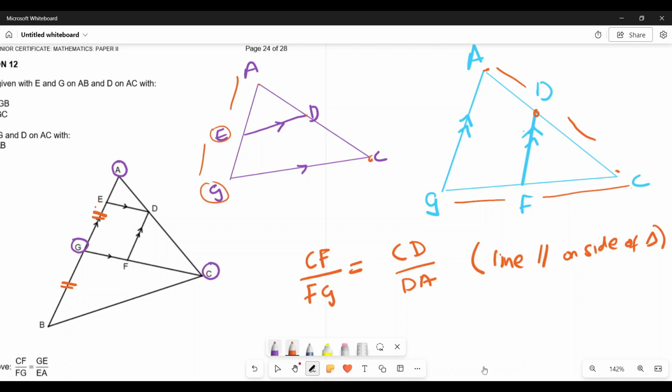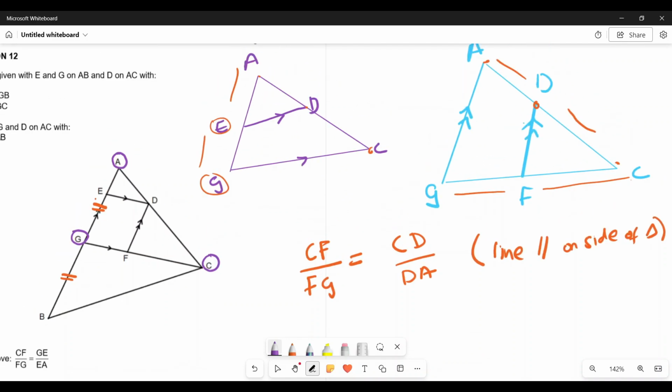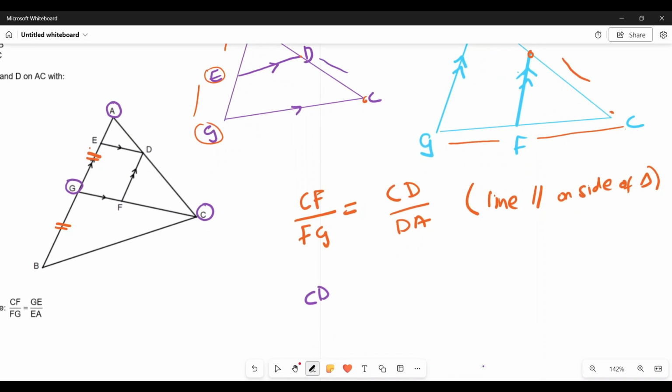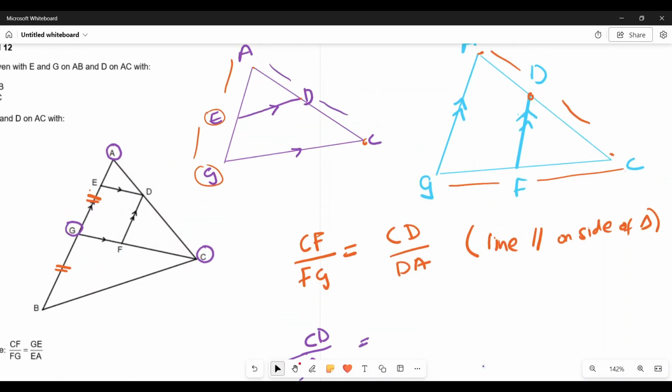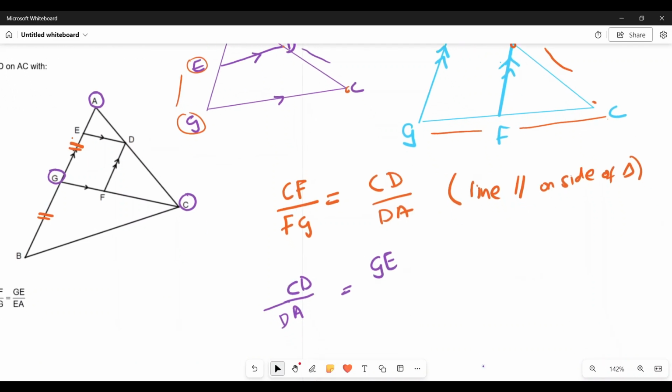Now, I could do the same for the other triangle. I could say that my CD in the other triangle, of which I'm going to write in purple, so in the other triangle that I've drawn here, my CD divided by DA is equal to GE divided by EA.